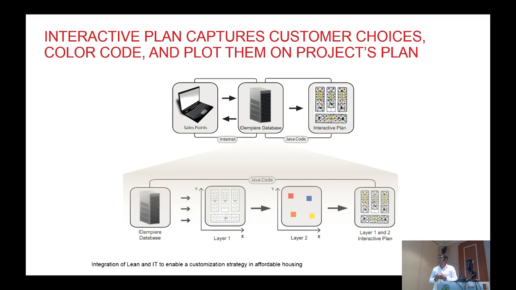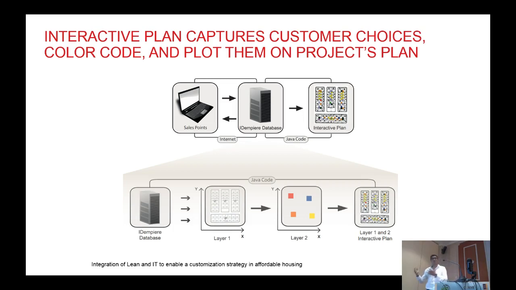The app literally builds two layers of Java code. As you can see there on the screen, in layer 1, you have only the project plan, depicting the different plots in the project. Every single plot in this layer is anchored to an XY coordinate that is replicated in layer number 2.